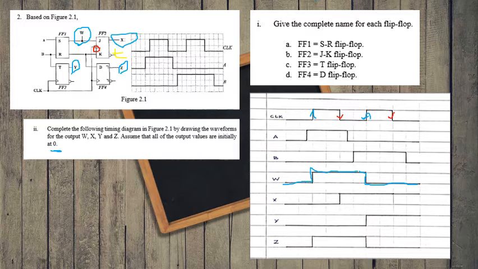If the J is high, K is high, so it will toggle the output of X. Until at the second negative edge trigger, we saw that the input J and K are low, 0, and it will hold the output of X.